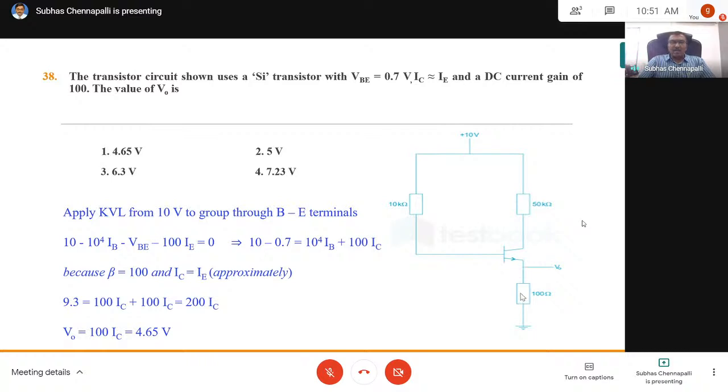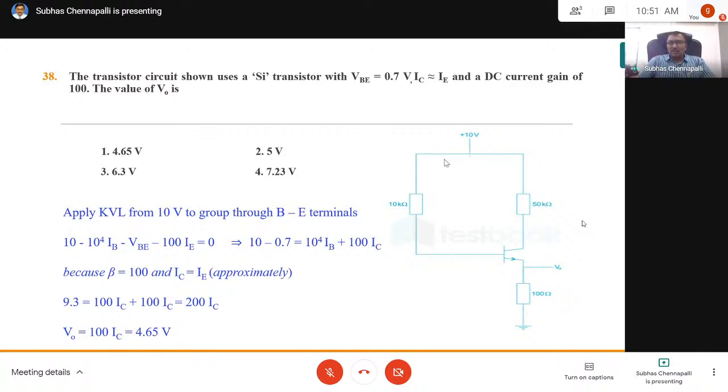If required I can say that IC is approximately IE, and if I find IC, then IE times the resistance will be V naught. So what I do is apply KVL from 10 volts to the ground through VE.